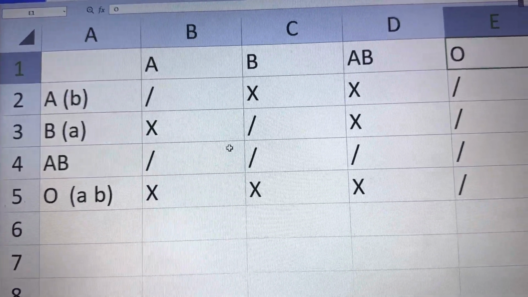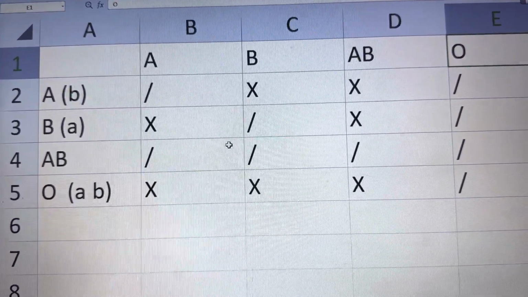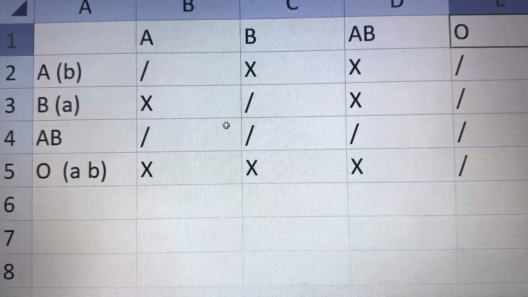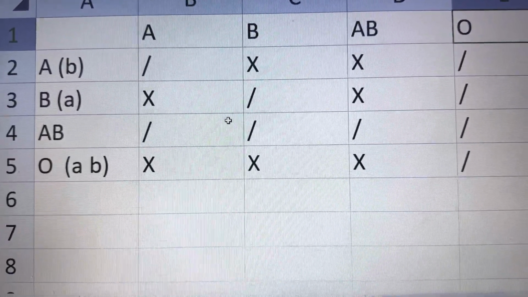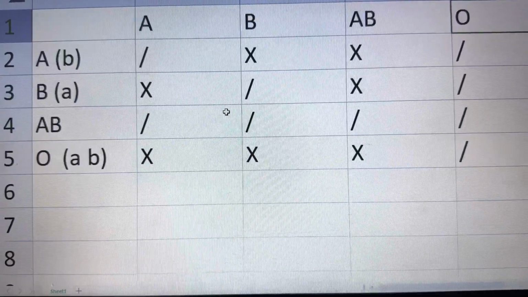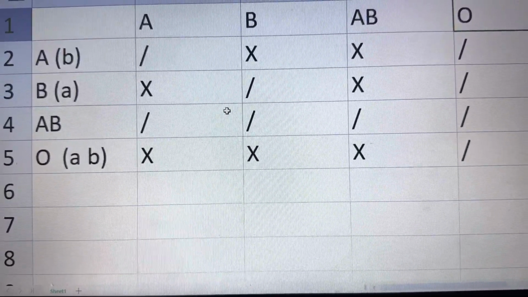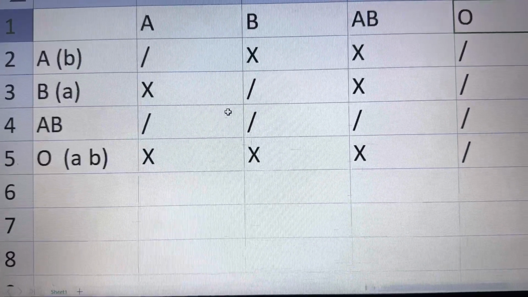The antigen B in the AB and the antibody B in A, they are corresponding. Hence there will be no successful blood transfusion.